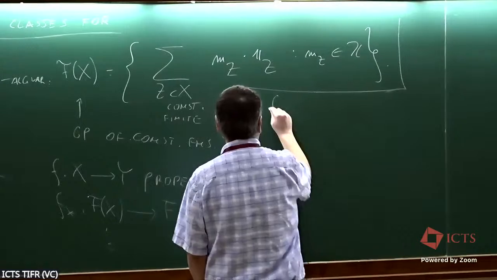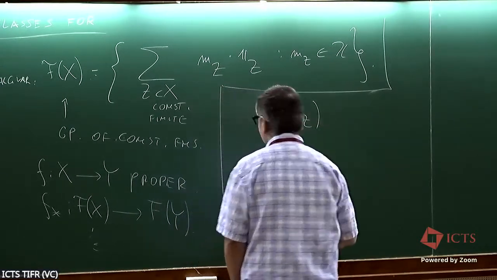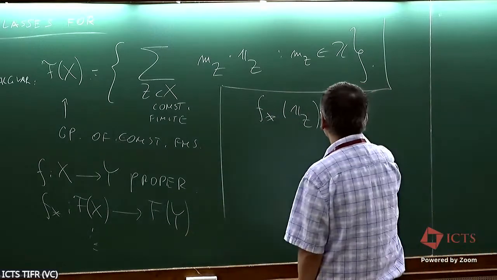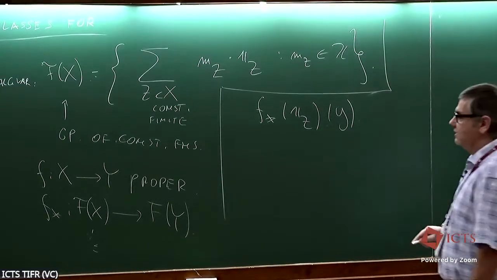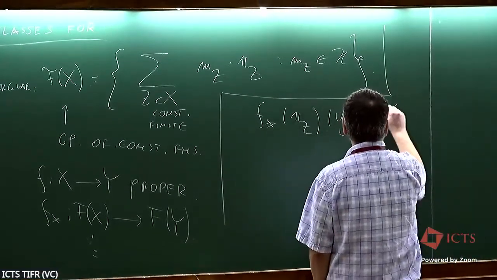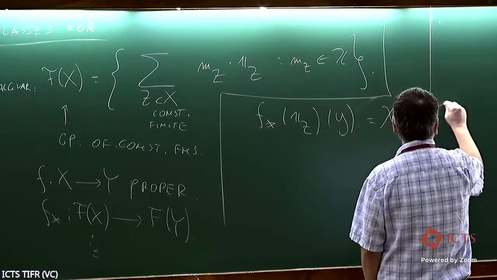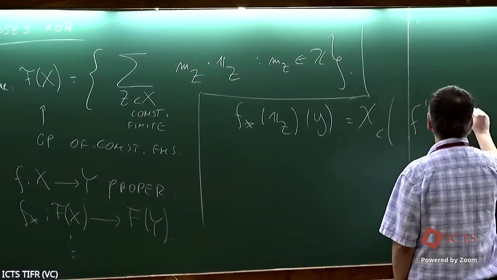So let's see what the push forward of 1_Z is. This has to be some constructible function on Y, so I have to tell you its value at an element y of Y. This is the topological Euler characteristic with compact support of the preimage of y intersected with Z.